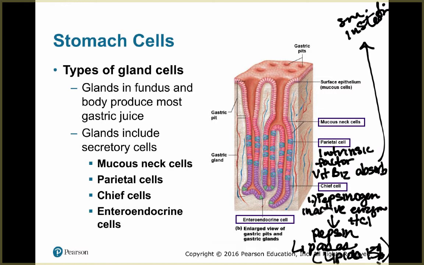Now you do have the enteroendocrine cells down here at the very bottom, right? And so these guys do a couple things.